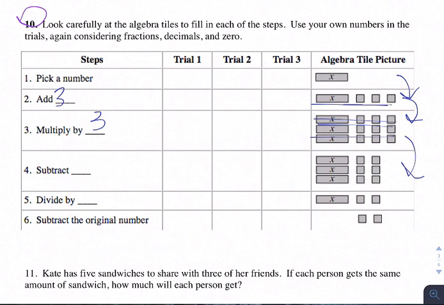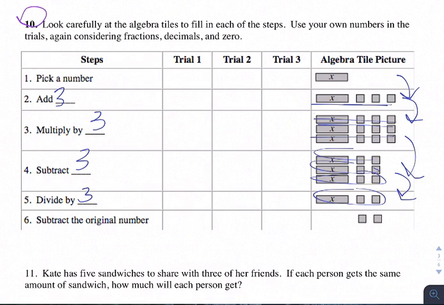So we had 3x plus 9, and we're going to 3x plus 6. What's changing? We're subtracting 3. And then we have 3x plus 6, and then x plus 2. We have 3 groups of each of those, so we divided by 3. Last step, subtract the original number.